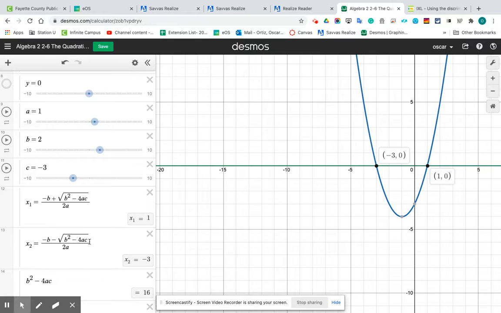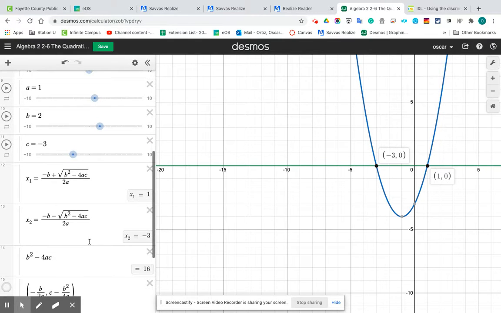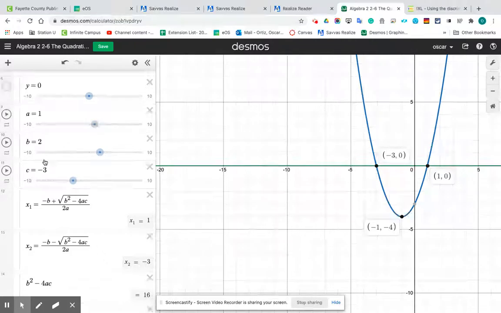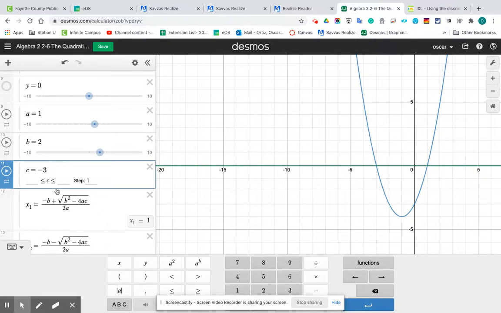And I just want to show you here what happens, because of course the parabola is not always going to look like this. I want you to keep in mind that sometimes the vertex is below the x-axis, but what if we change this? Imagine we are changing this to 1.